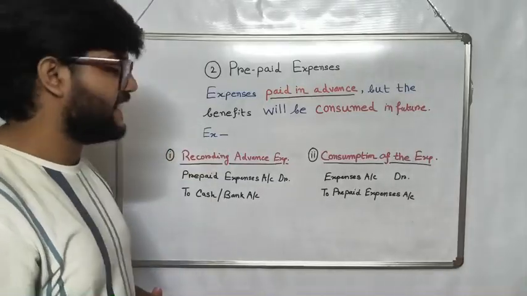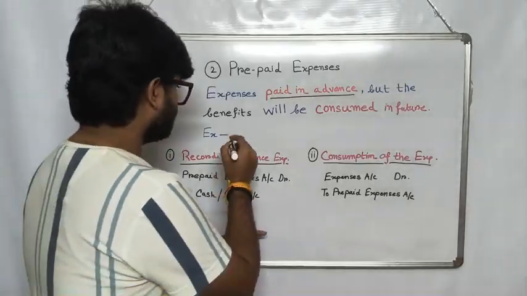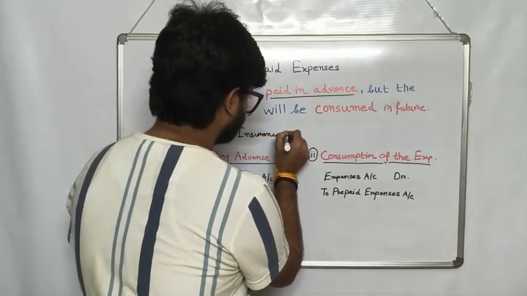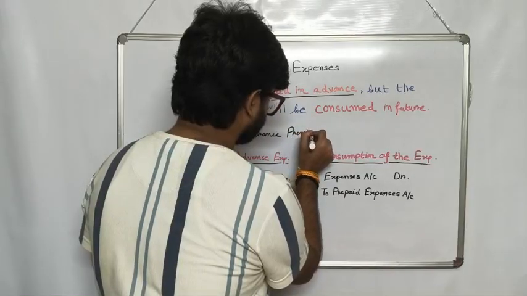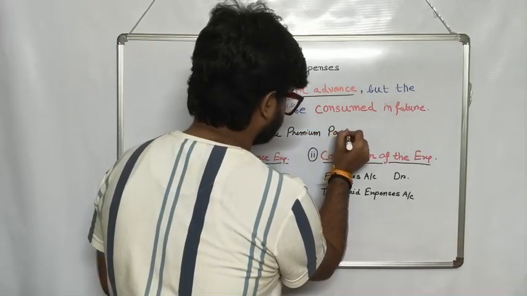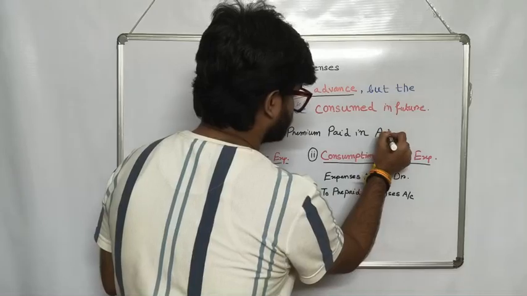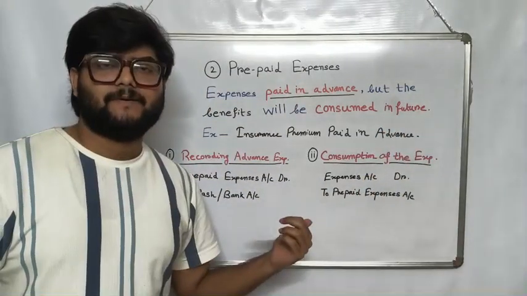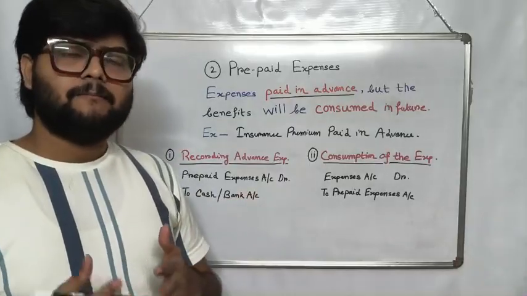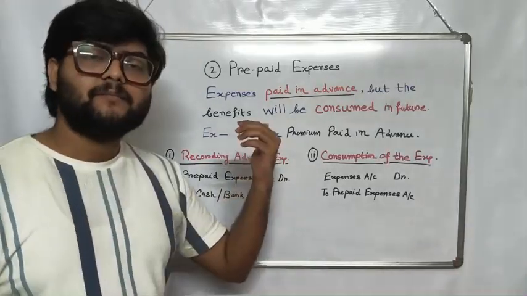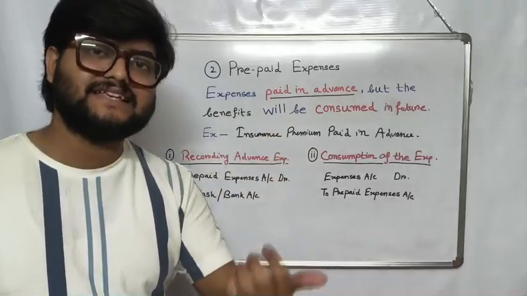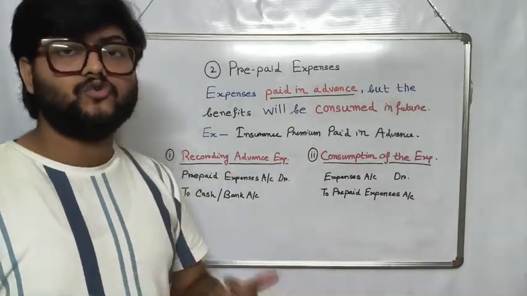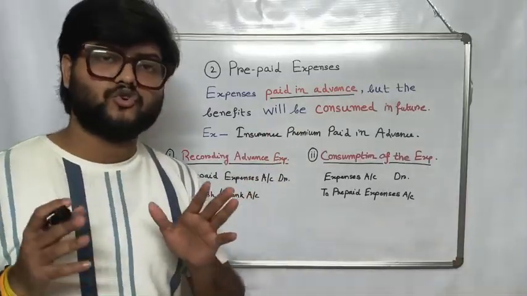Now, if I have to give an example, it would be insurance premium paid in advance. It can so happen that you have already paid the insurance premium of 2026 along with the insurance premium of 2025 on 1st April 2025.